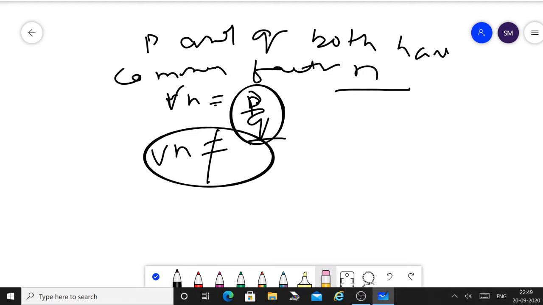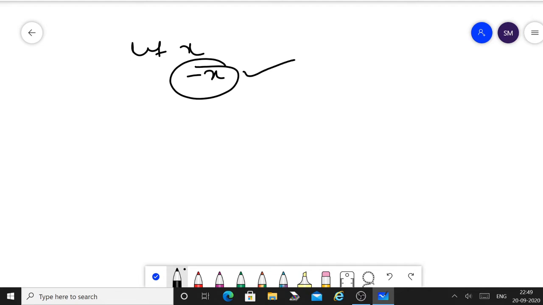Okay? Theorem 1: The negative of an irrational number is also an irrational number. Let x be an irrational number. This means minus x must be an irrational number. If minus x is not irrational, let it be a rational number.